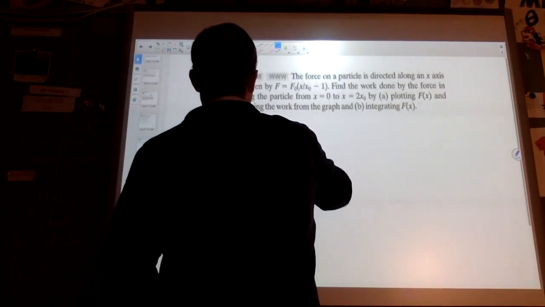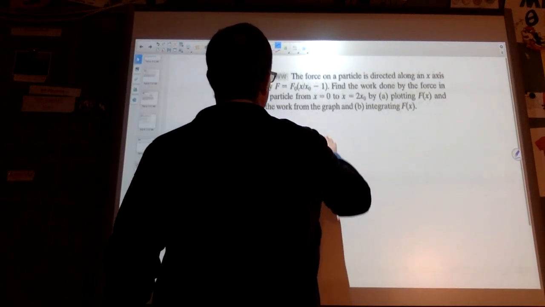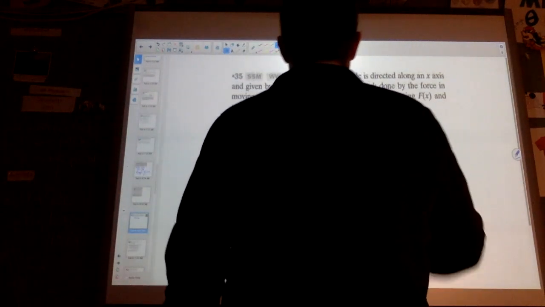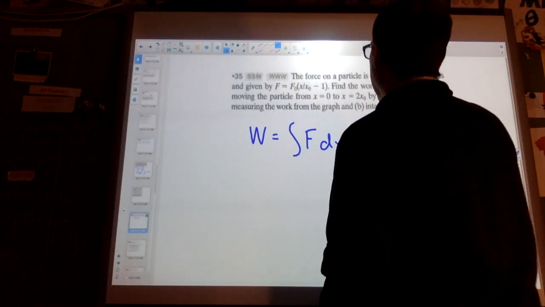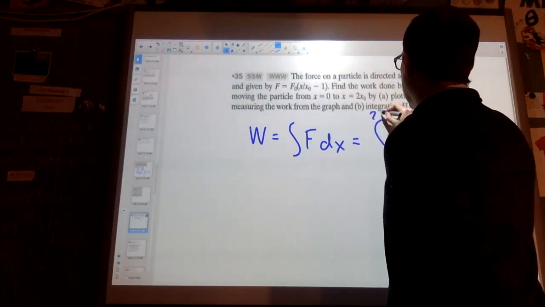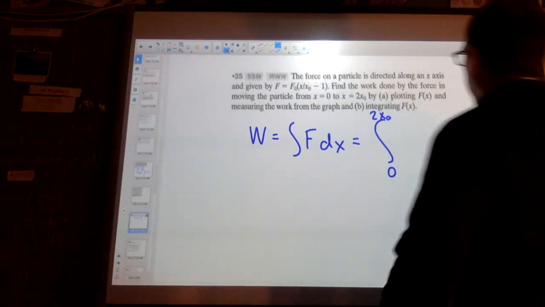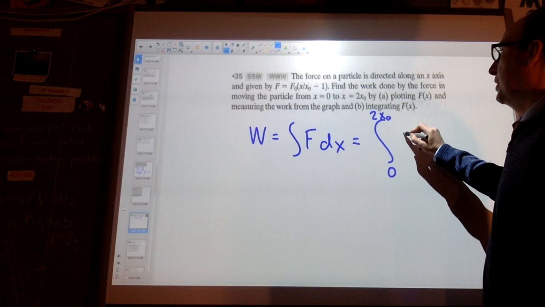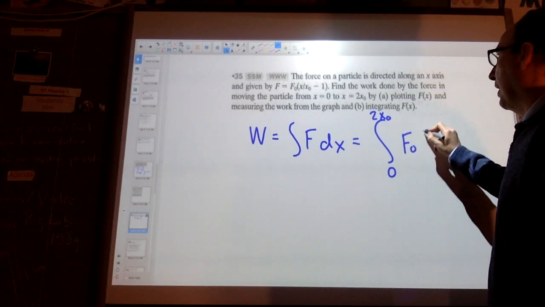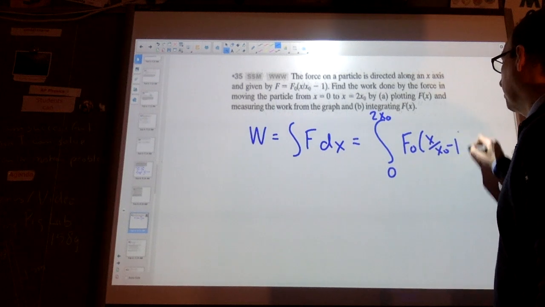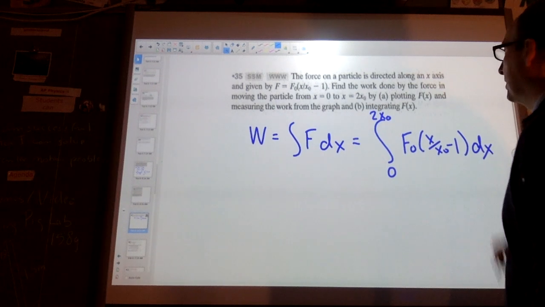So my work is going to be the integral of F dx. I'm going to take this integral from 0 to 2x0. And so this is going to be F0 times (x over x0 minus 1) dx.